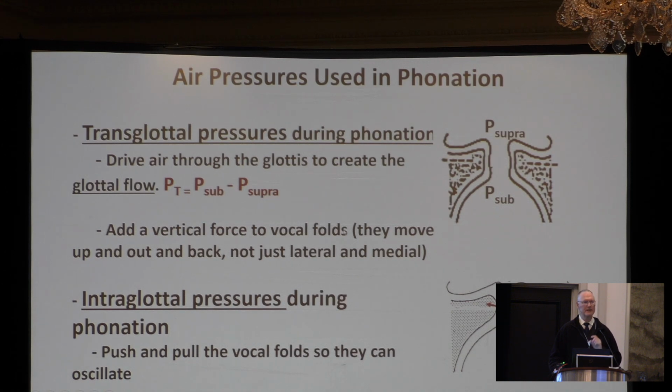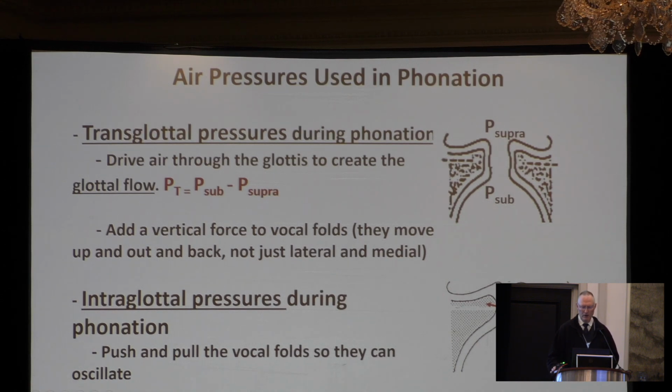Transglottal pressure is the difference between two pressures. The average value subglottally minus the average value supraglottally is the definition of transglottal pressure that we use. Notice too that this subglottal pressure minus supraglottal pressure actually forces upward on the vocal folds.